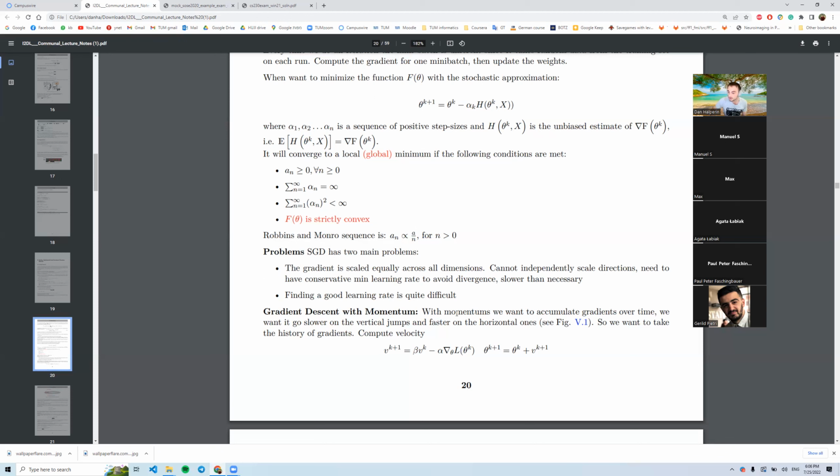Engine also said going faster in the direction where the gradient is large and consistent. Yes, accumulating previous movements or previous steps is also a good answer, to overshoot or to avoid saddle points and local minima.